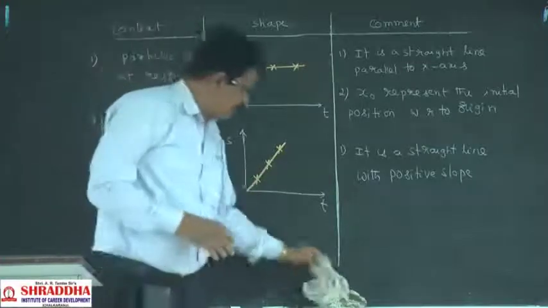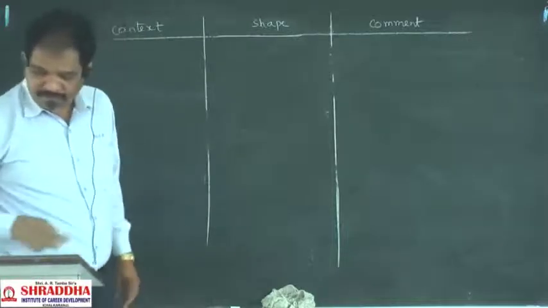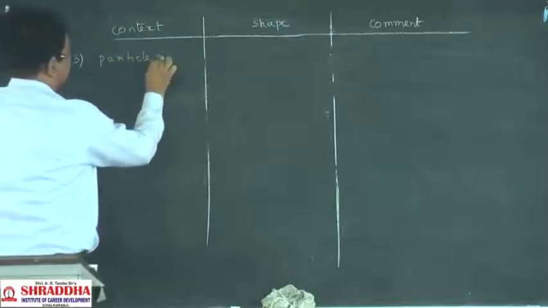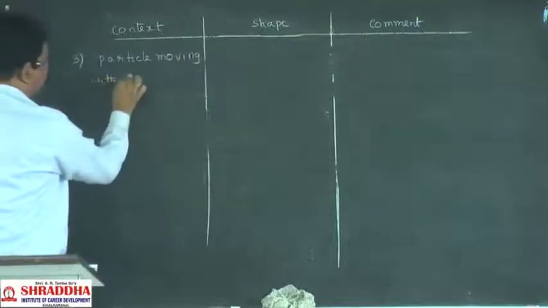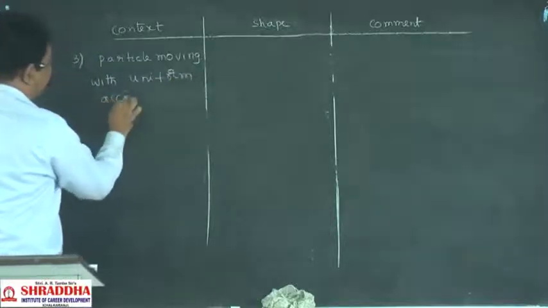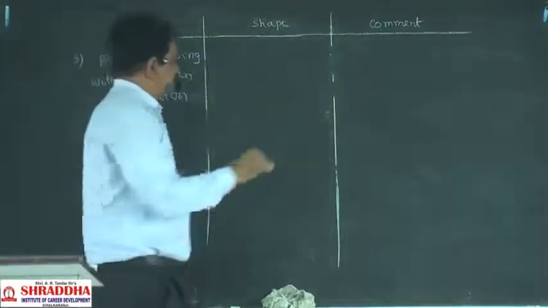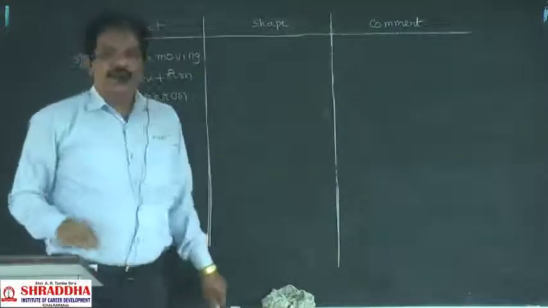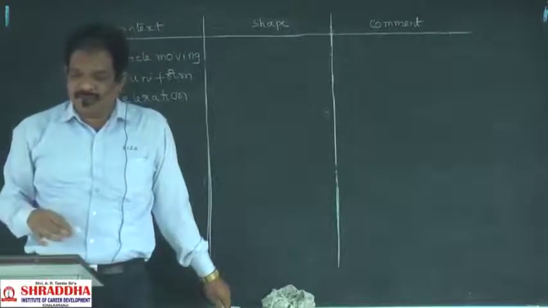Next, 3. Particle moving with uniform acceleration. Particle is moving with uniform acceleration.